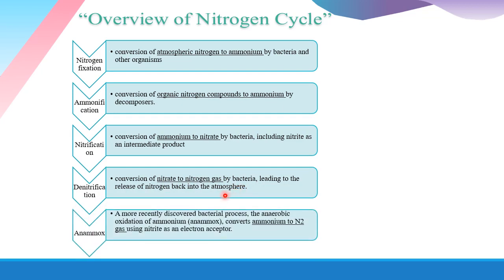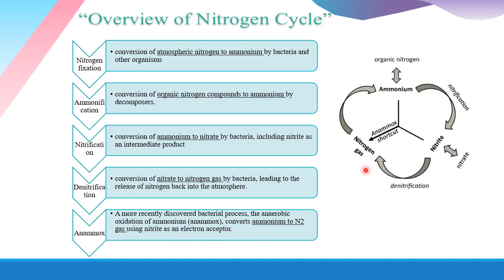The most recently discovered bacterial process is done by specific Anammox bacteria, which carry out anaerobic oxidation of ammonia, converting ammonium to nitrogen gas using nitrite as an electron acceptor, which we are going to see in the next part. Here we can see the cycling of the nitrogen.